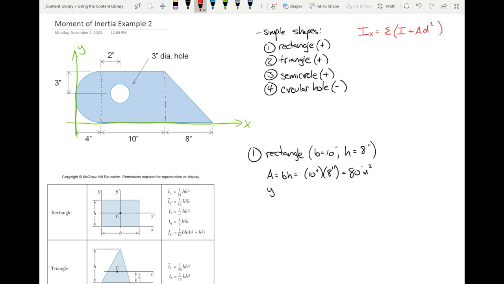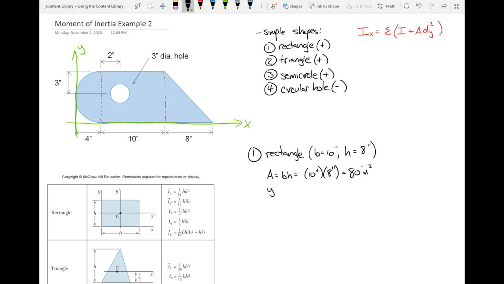And whenever you're doing these d distances, you sort of flip your subscripts, and we're computing these y distances. That shouldn't be that hard to follow. The moment of inertia with respect to the x-axis from a calculus perspective is the integral of y squared dA. So you always flip that.